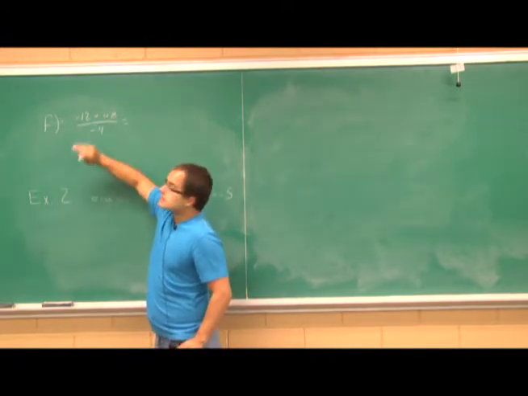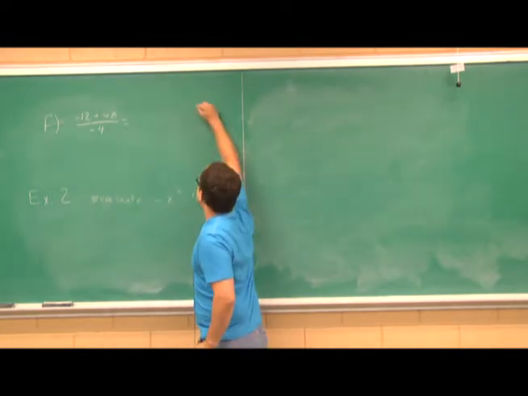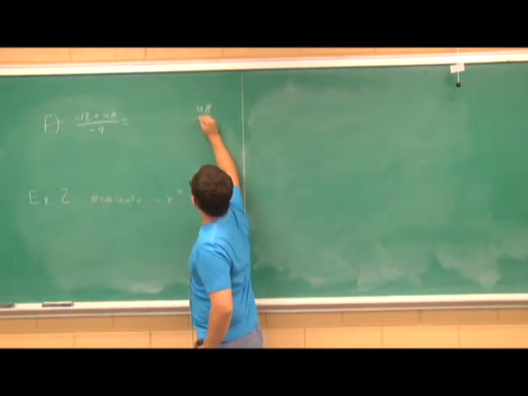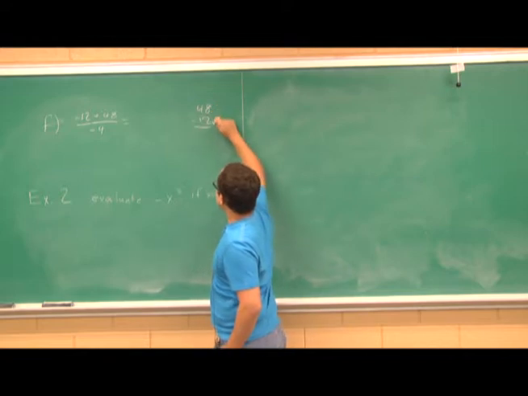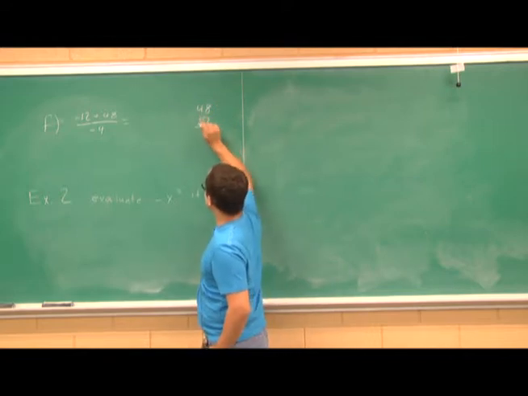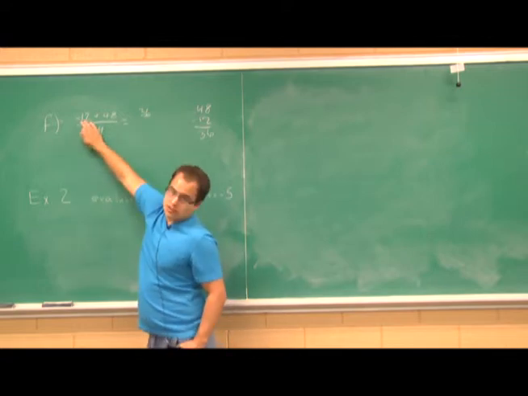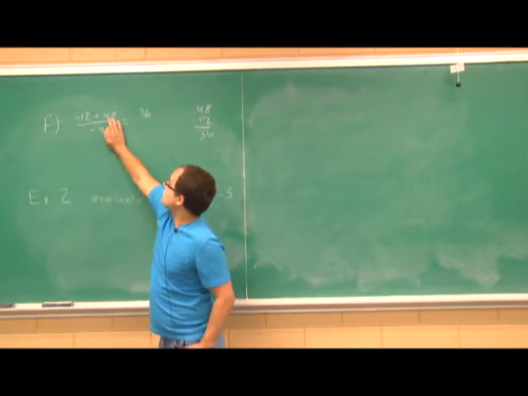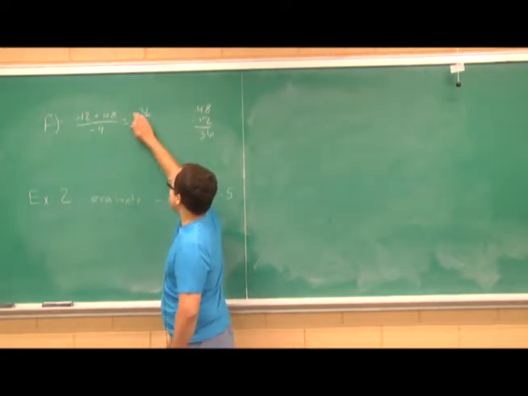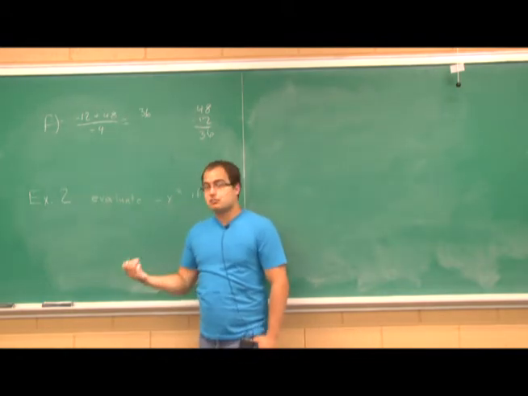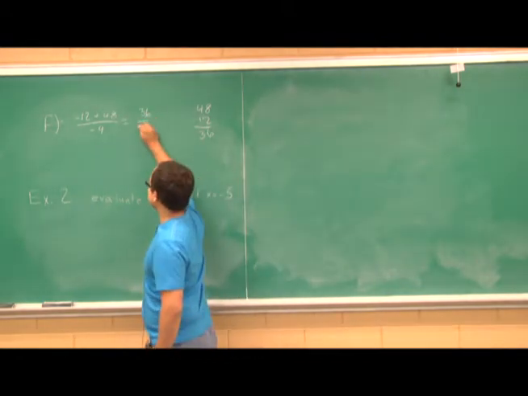They have opposite signs, so I have to subtract them. 48 minus 12. 8 minus 2 is 6. 4 minus 1 is 3. So that's 36. And the larger value is 48, which was positive.